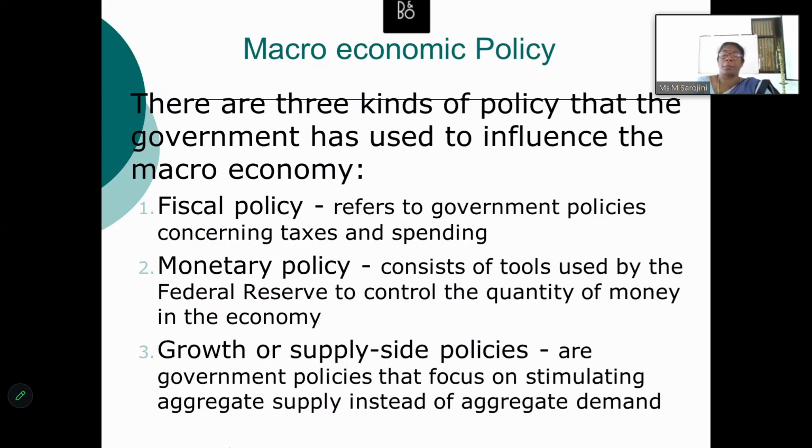These are the strategies, tools used to control the quantity of money in an economy by the central bank under the monetary policy. And also, you know that 5.3 trillion money was printed by the central bank last year for various purposes.